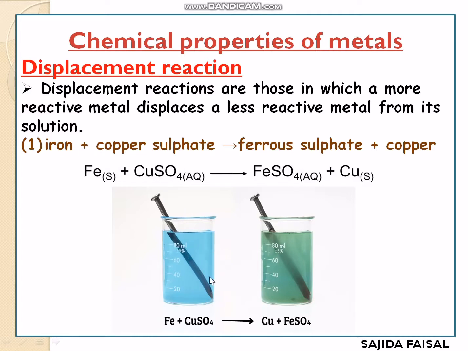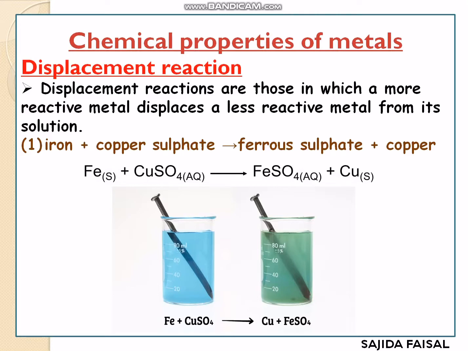Then the color changes to green. Copper sulfate solution is this blue color solution, and after a few hours we can see the iron nail taking the sulfate from the solution. That means iron is a more reactive metal than copper.